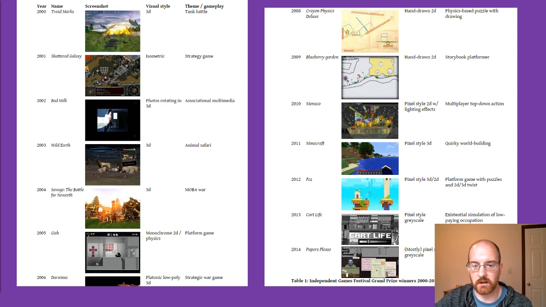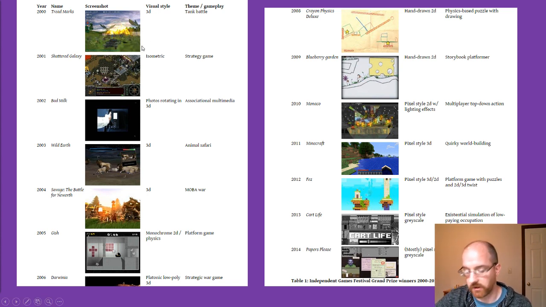And what he noticed is that around the time 2000 through maybe 2004, look at these games. These all have aspects of, except for maybe this 2012 one, but notice all of these have aspects of 3D commercial games. I'm looking at my other screen.